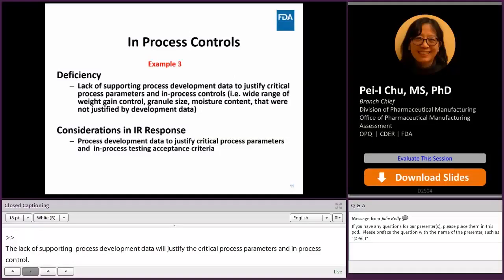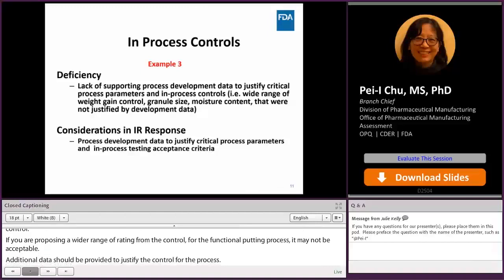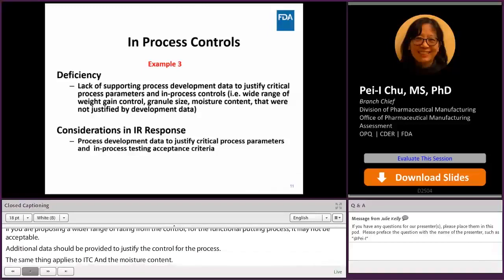Additional data should be provided to justify the weight range control for this process. The same thing applies to IPC for the granule size and the moisture content. Process development data should be provided to justify the proposed acceptance criteria.